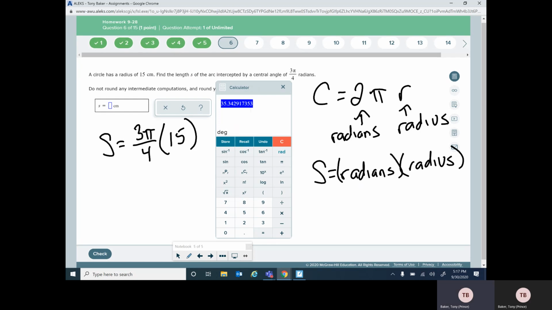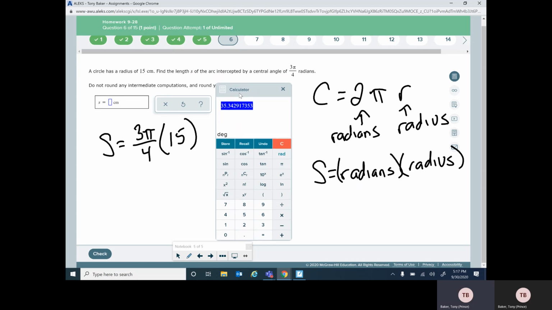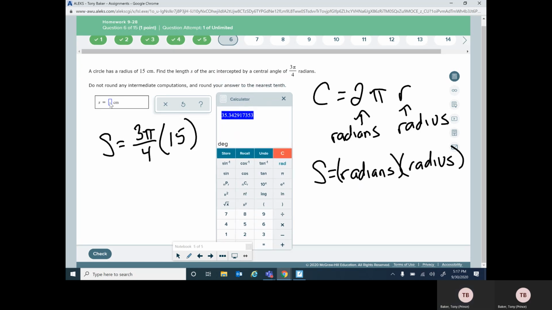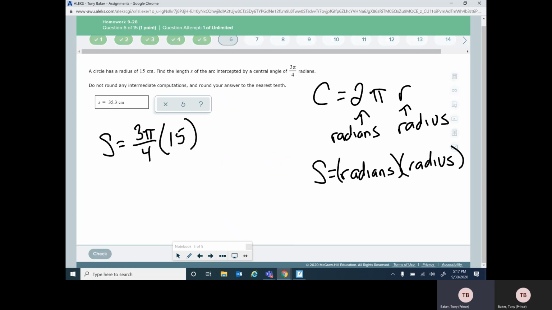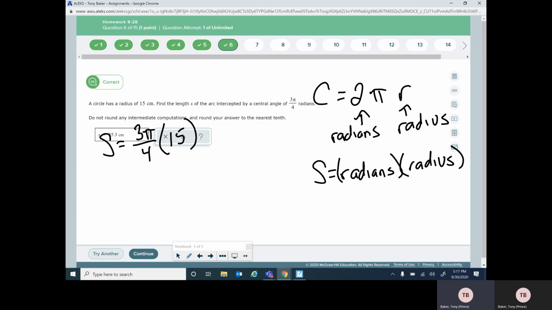And they want this to the nearest tenth. So that'd be 35.3 centimeters. So when you're doing arc length, it is radians times radius.